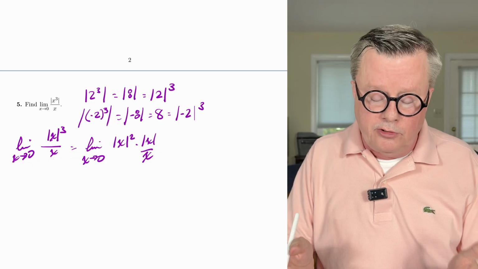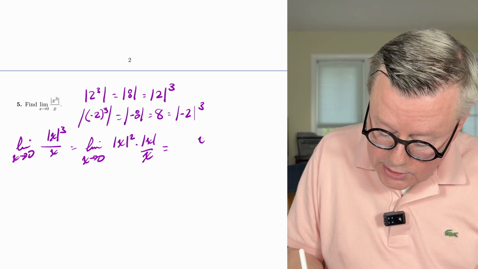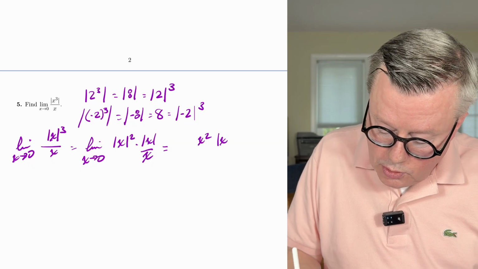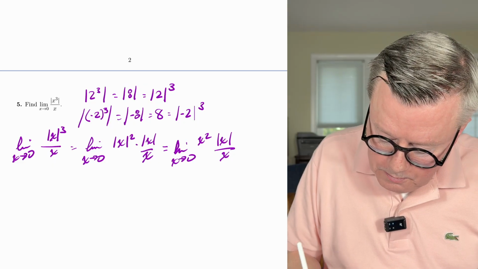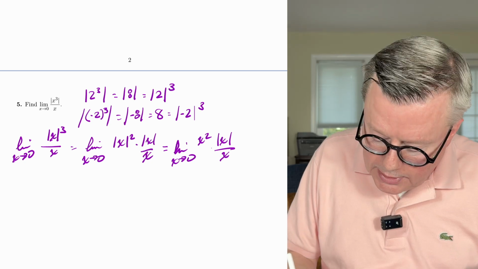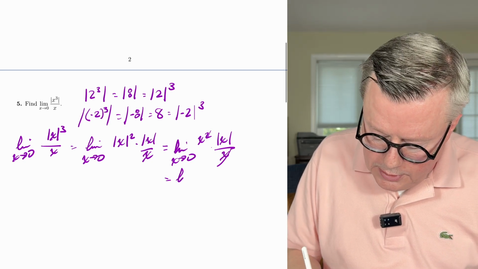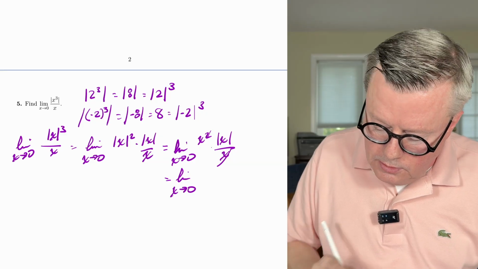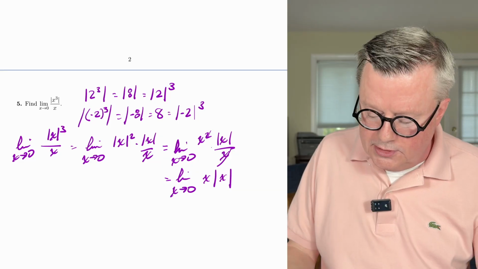The absolute value of x quantity squared is the same thing as x squared. So I'm going to rewrite it like that with my limit. And with x squared on the top and an x on the bottom, I can cancel the squared and the x, and I'm left with the limit as x goes to 0 of x times absolute value of x.